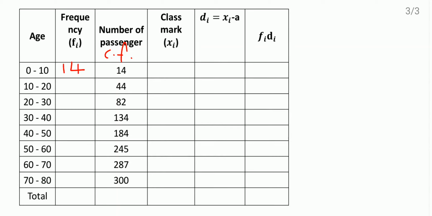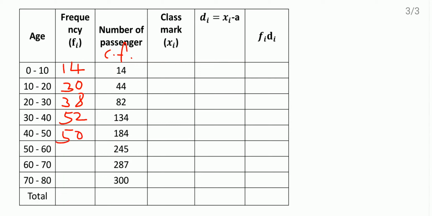First one. Now for the second class interval, 44 minus 14 comes as 30. Now for the next one, 82 minus 44 comes as 38. 134 minus 82 becomes 52. 184 minus 134 is 50.